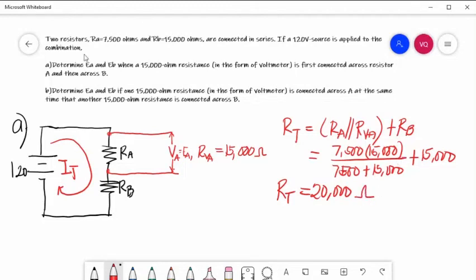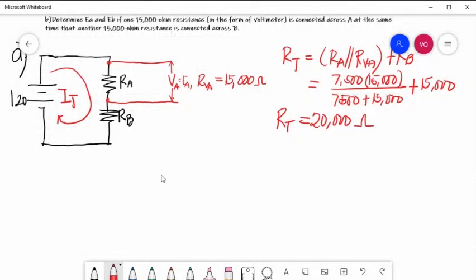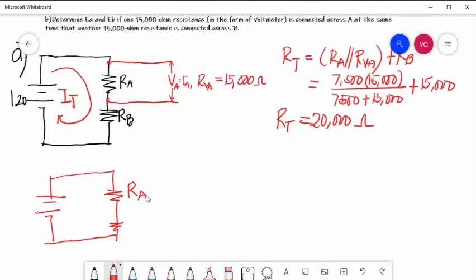Okay, we can simplify our circuit. So this is now your new equivalent circuit. This is your RA, VA, the combination of these two, and your RB.